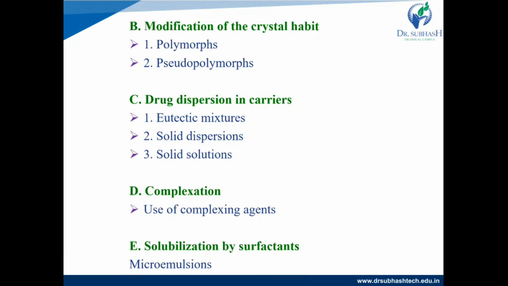Surfactants are generally used at a concentration below the critical micelle concentration, the CMC value. The most widely used surfactants are non-ionic surfactants like polysorbate.